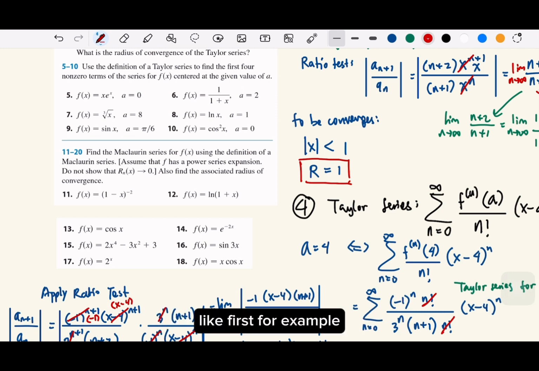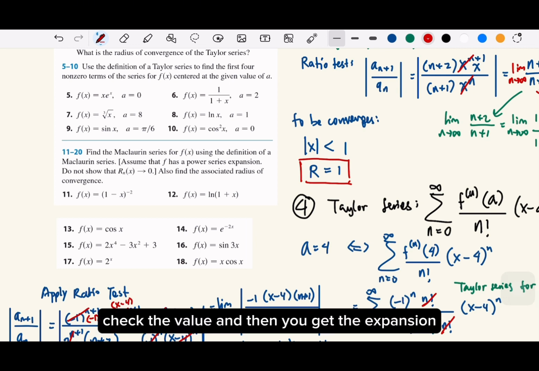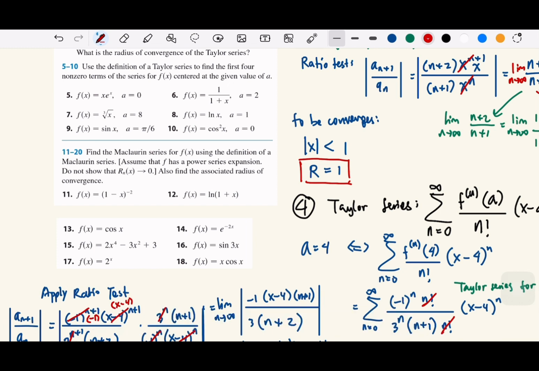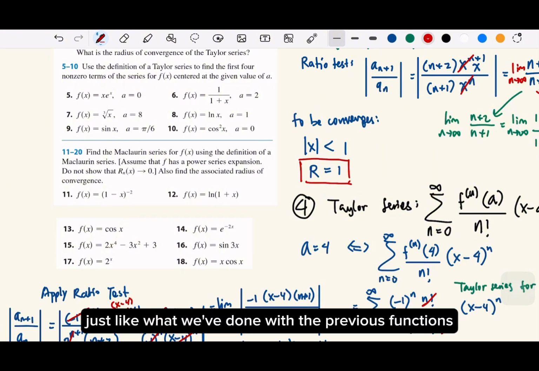For example, f of x is equal to 1 minus x to the power of -2. We can differentiate this maybe 4 times and then arrange the setup. Take x equals 0, check the value, and then you get the expansion. After that, see the patterns and find the series, just like what we've done with the previous functions.